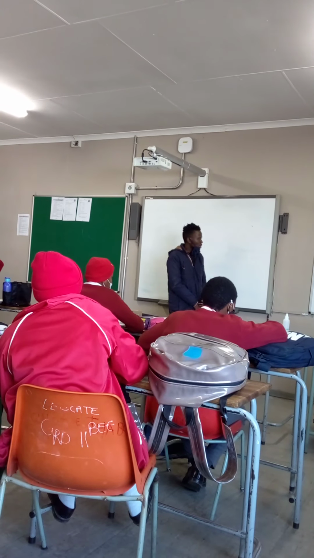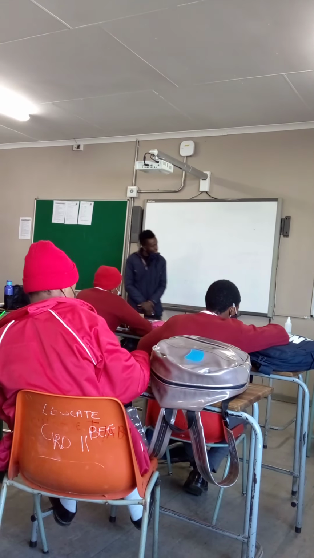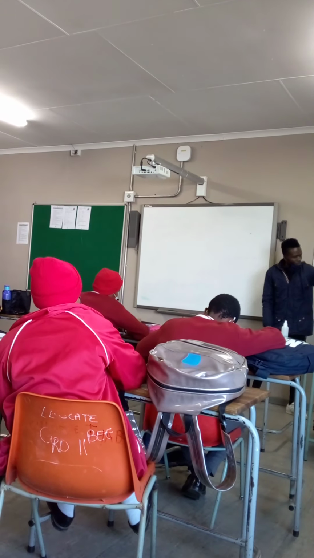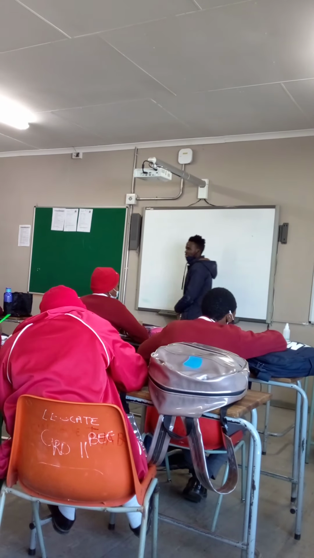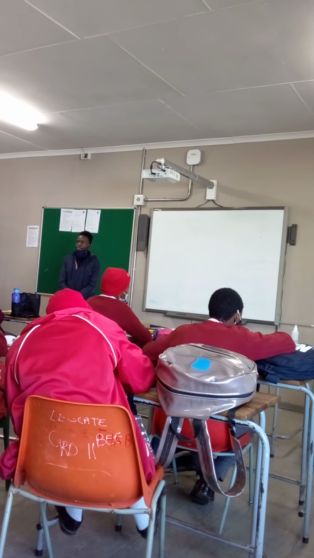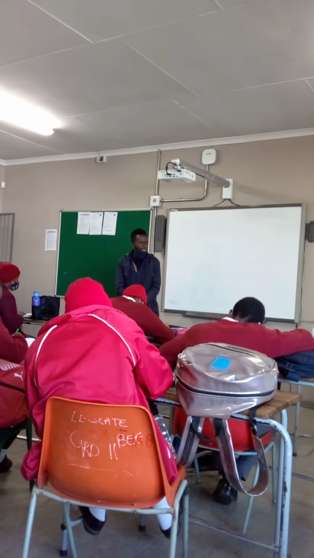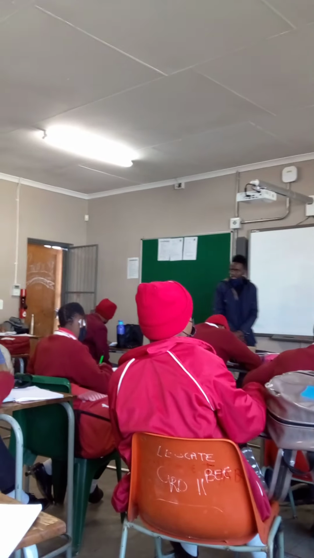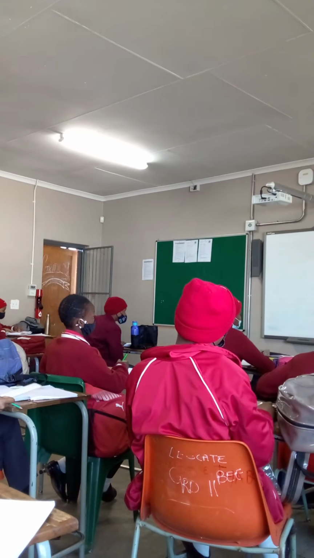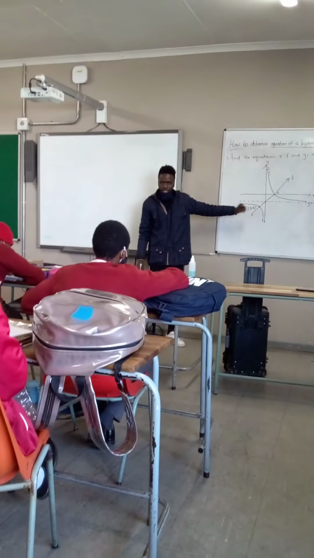Looking at this graph, what is the first thing that comes to your mind? The intersection at point B and at this point.